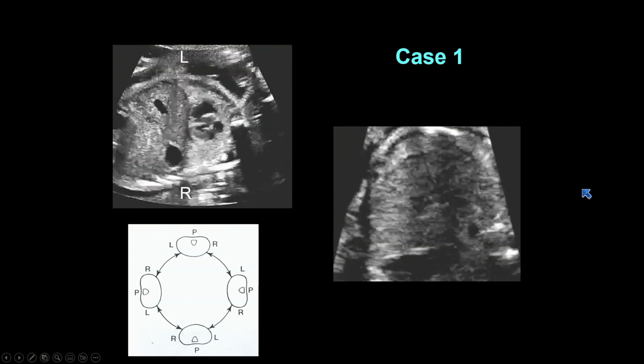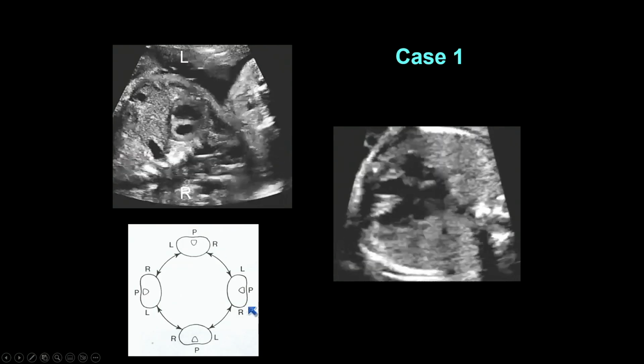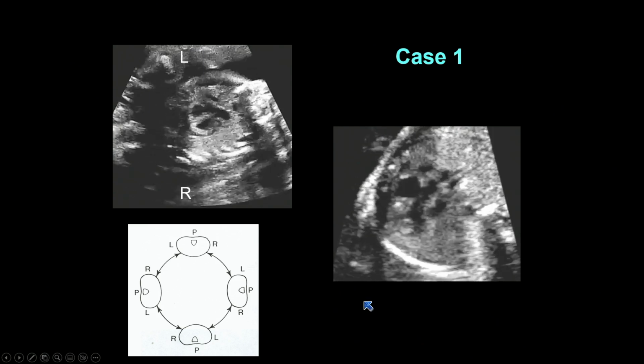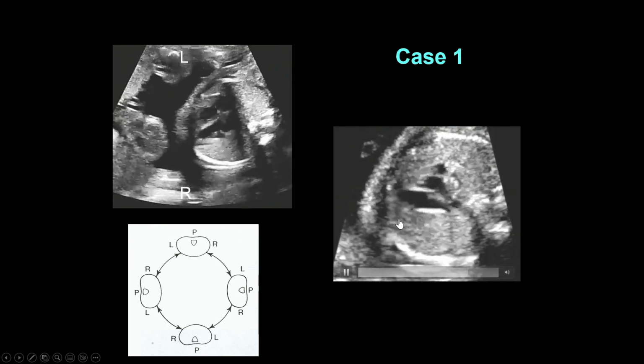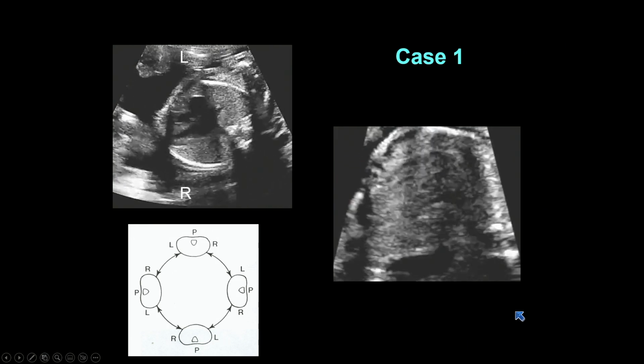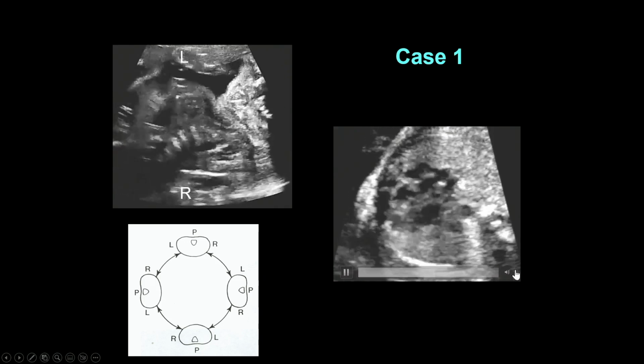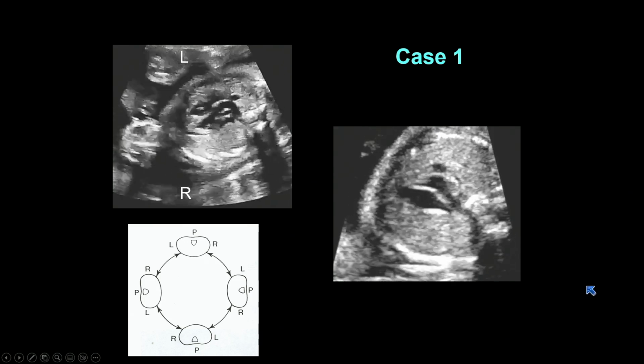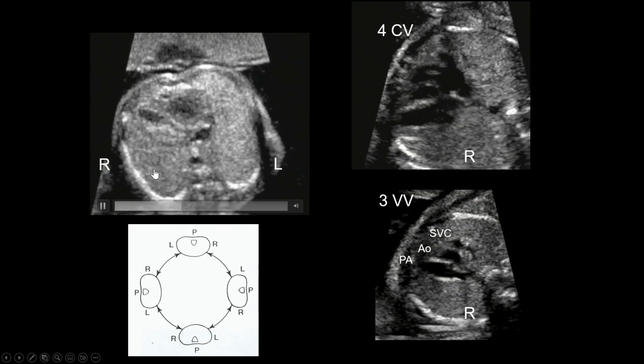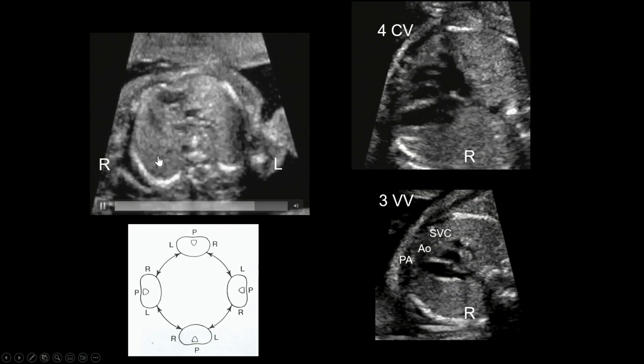The 3-vessel view looks normal. Now, as I mentioned, if we do this according to the cardiac axis, this heart is pointing in the wrong direction. So it's dextrocardia. The descending aorta is on the right, and everything is flipped. So stomach down here.